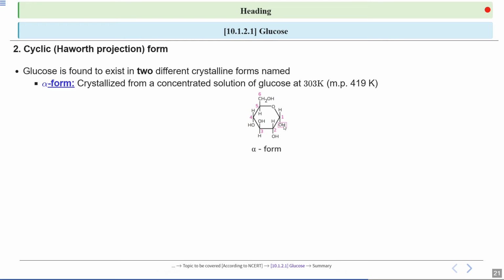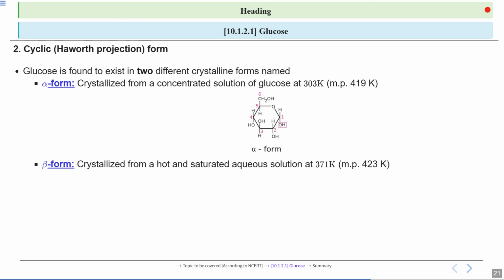Now look at the beta form. You will get the difference. The beta form crystallizes from a hot saturated aqueous solution at 371 Kelvin, and its melting point is slightly higher, at 423 Kelvin. The arrangement of atoms in the ring is just a bit different from the alpha form, but you will see small changes make a big impact.